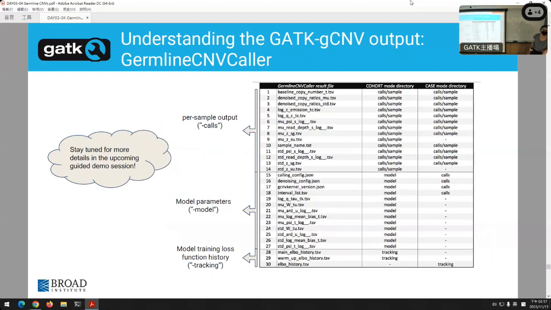You get the trained model parameters, and you also get some output that summarizes the loss function history over time during model training. So if there was an issue with your output, you could go back and look at that loss function and see if you can find the issue there.